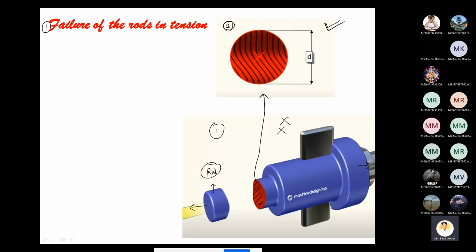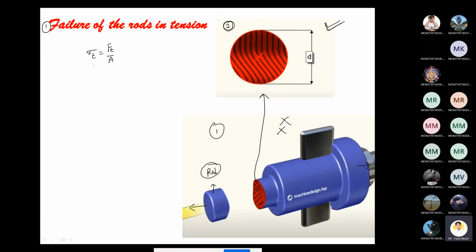So what is the reason the failure occurs here? The reason is the application of tensile load. When we apply the tensile load, a tensile stress is induced. What is the tensile stress? The basic equation: stress is equal to load by area. What type of stress am I talking about? Tensile stress, because of tensile load.